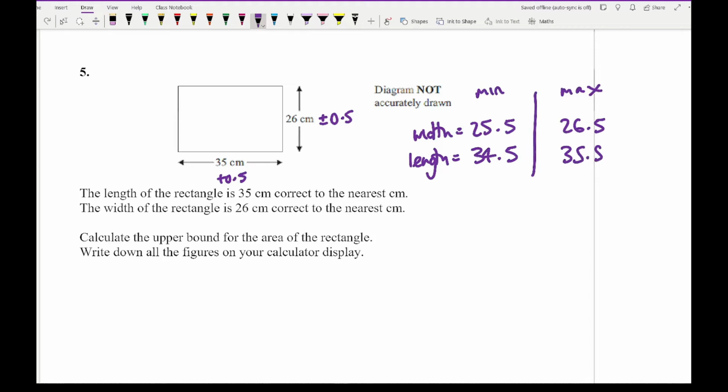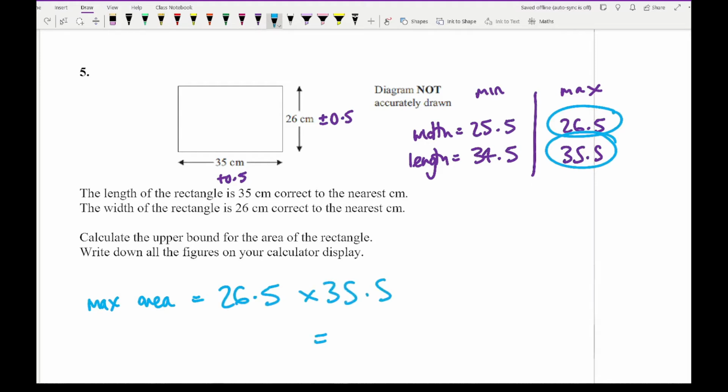So to find the upper bound of the area, I need to use the two maximum values. So here the maximum area is going to be 26.5 multiplied by 35.5, and it is really important that you do show your working out for this question.